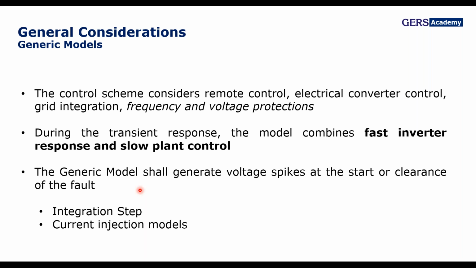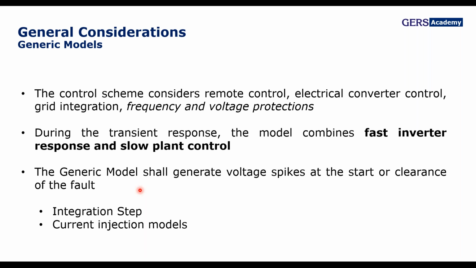During the transient response, the model combines fast inverter response and slow plant control. Yes, we are using in the inverter converter power electronics that is very fast, and in the case of the power plant, we use almost the same methodology that we use for other conventional units.